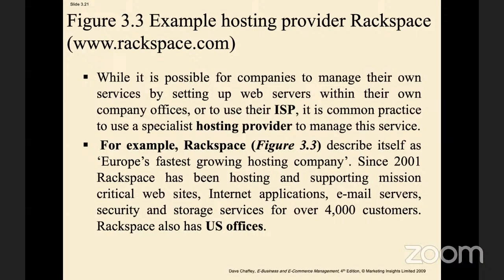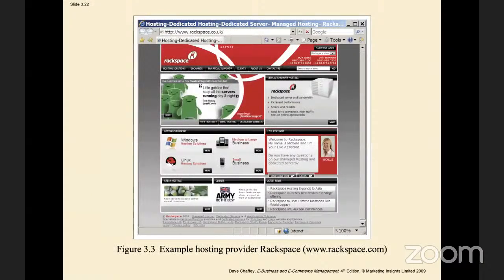It has a very big profile with 4,000 customers, and it has an office in the USA and has developed its business activities in different places in the international market. So here is the interface of Rackspace. It provides different types of facilities and services.